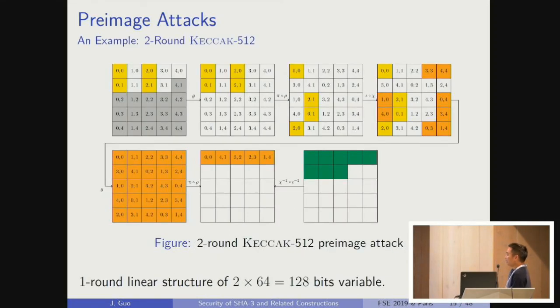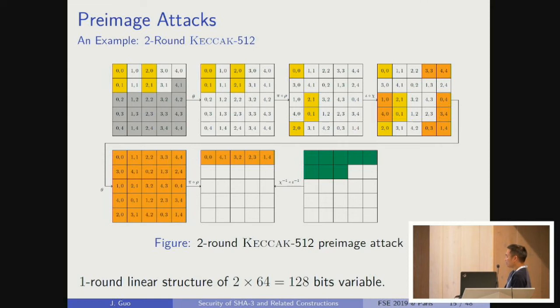So back to the example of 2-round Keccak 512. We already have the entire row here. The knowledge of the entire row enables us to invert the chi for this S-box, so we are able to find all the corresponding values for this row. Already you can find the linear system with 64 times 5 bits.